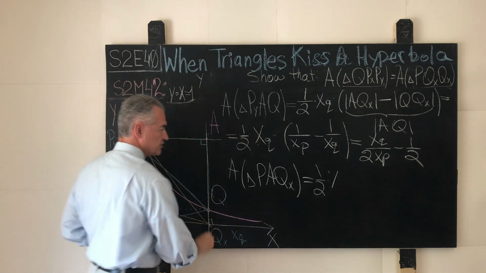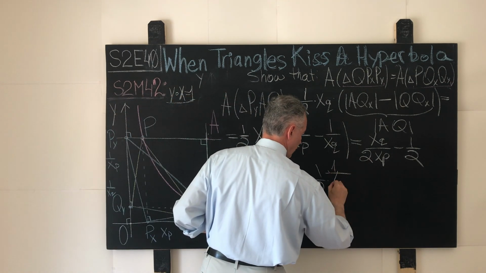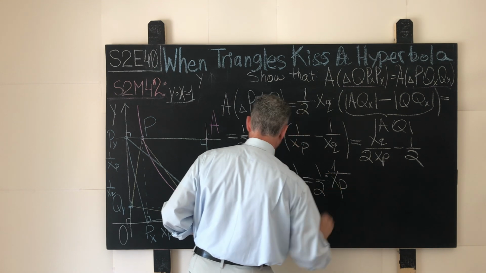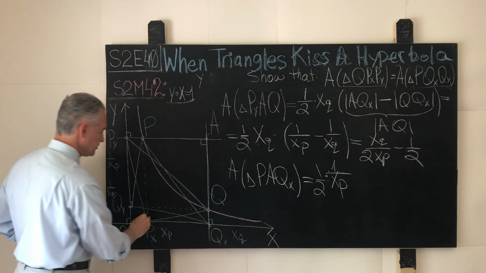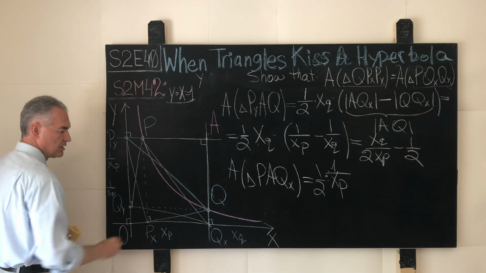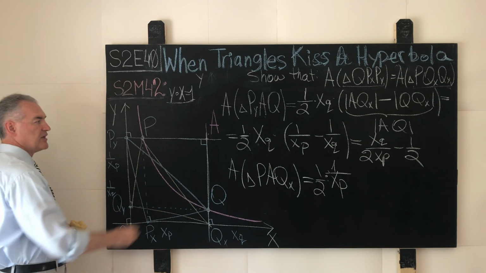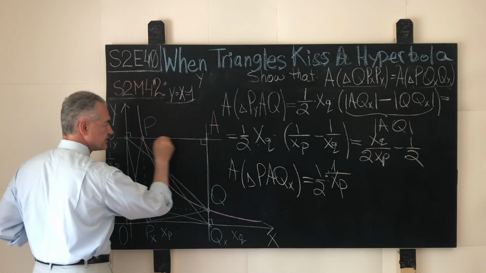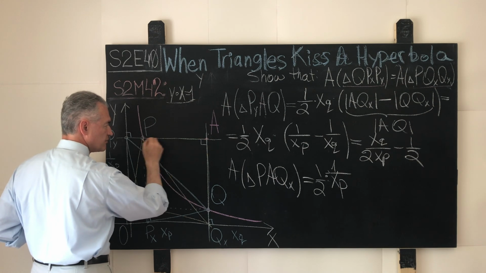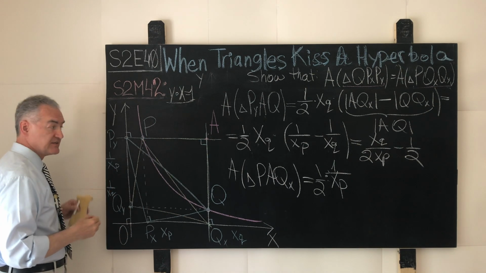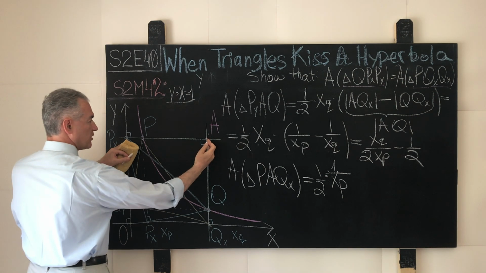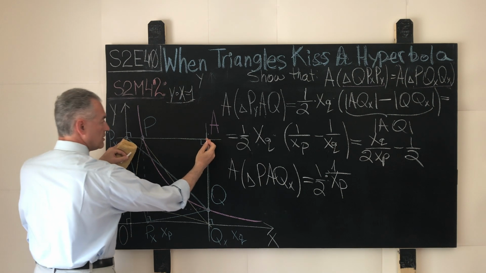It's 1 over xp. That's the height of the triangle, the vertical displacement of the point P from the x-axis, times the length of the base. But this time, the length of this base is what? It participates as a composite quantity in the line segment APy. So what is it?